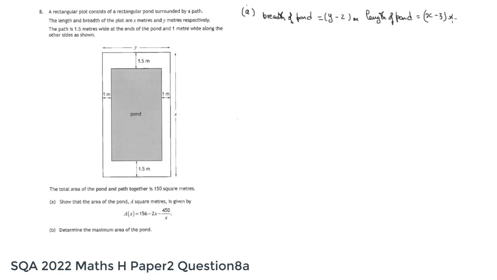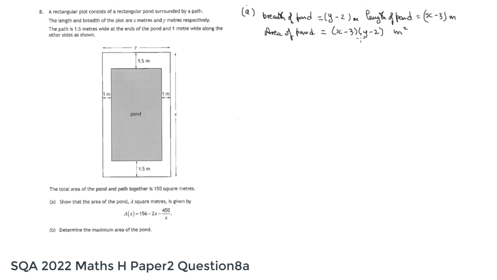So that's the two dimensions of the pond. So we can now say that the area of the pond is the length times the breadth. That would be x minus 3 times y minus 2 square metres.